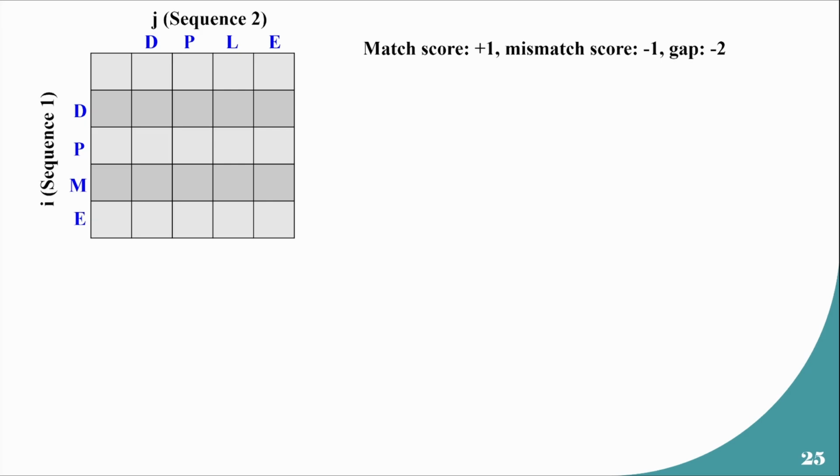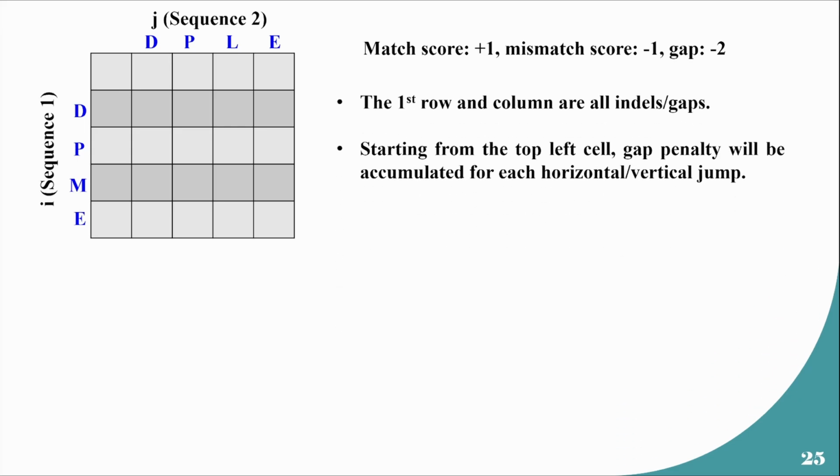Okay. Now, when we initiate the process, the first row and column will all be indels, or insertions and deletions, or gaps. Now, what we do is that starting from the top left one, the gap penalty will accumulate throughout the horizontal and vertical steps.